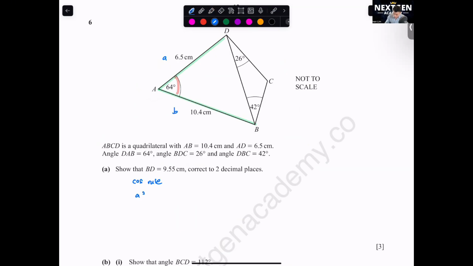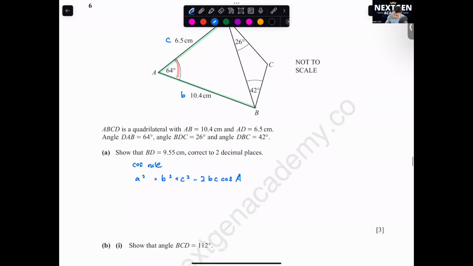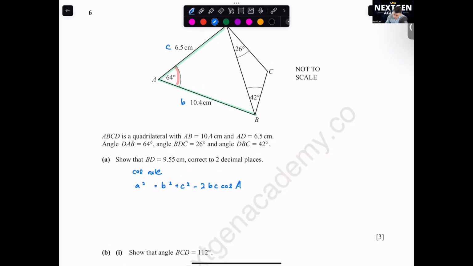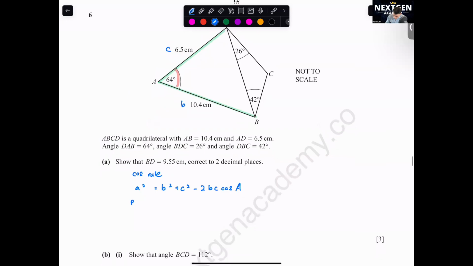So this is not AB, this is B and C. So A square equals to B square plus C square minus 2BC cos A. A square, which is your BD square, equals to 10.4 square plus 6.5 square minus 2 times 10.4 times 6.5 cos 64 degrees.